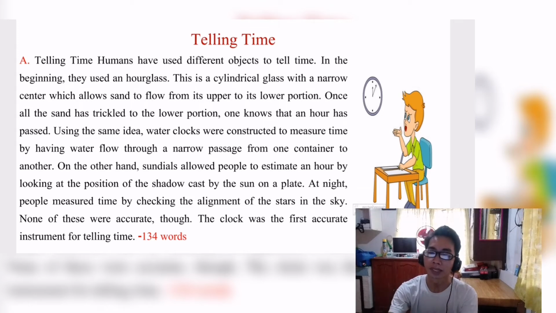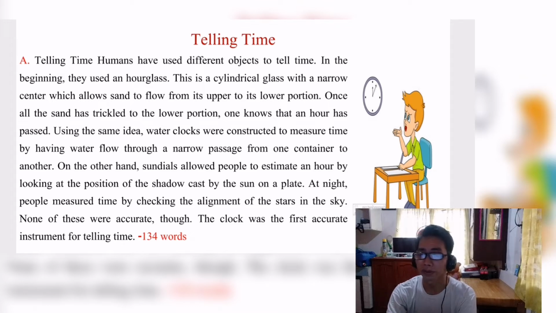Telling time. Humans have used different objects to tell time. In the beginning, they used an hourglass. This is a cylindrical glass with a narrow center which allows sand to flow from its upper to its lower portion. Once all the sand has trickled to the lower portion, one knows that an hour has passed.